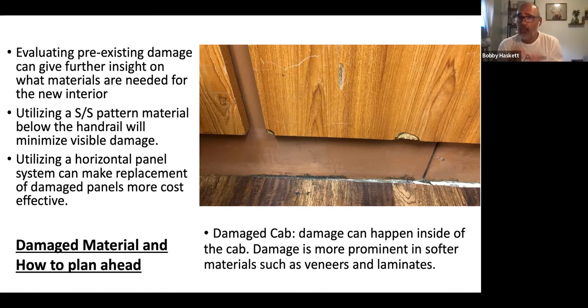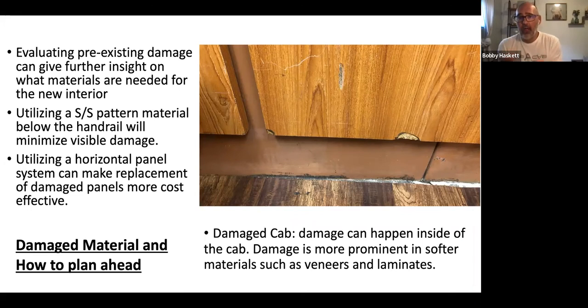It's much more forgiving, whether you're dealing with a damaged cab shell or anything like that, and it's also a lot more friendly to the customer price-wise if and when they need to replace some panels.